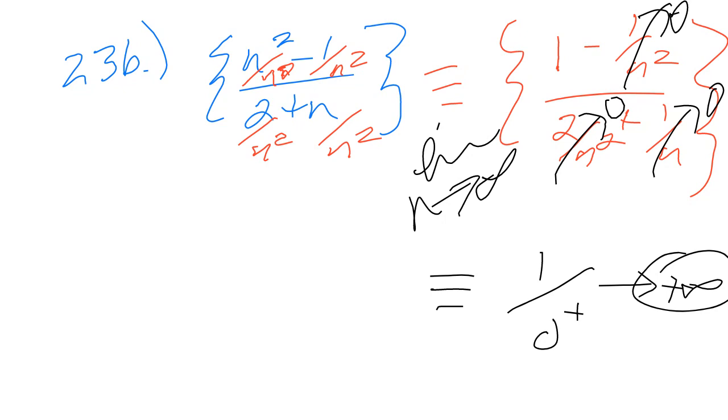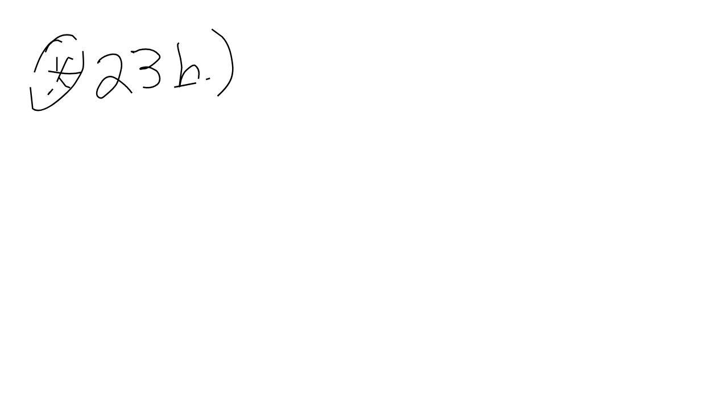But what they really meant to do is write this as 2 plus n². So let's redo this problem the way that the book apparently meant to have it. So 23B alternate, corrected version, I guess, would be, what if we had the sequence n² - 1 over 2 plus n²?